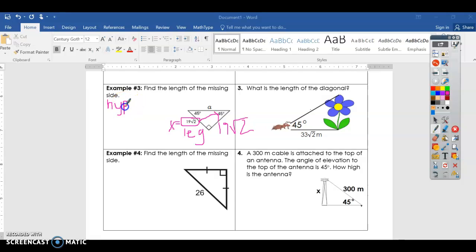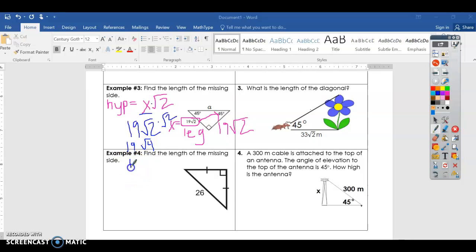And the hypotenuse, or A, is x square root of 2. And I know that x is 19 square root of 2. So instead of this x, I'm just going to put 19 square root of 2. And then since that's being multiplied times the square root of 2, I know the square root of 2 times the square root of 2 is the square root of 4.